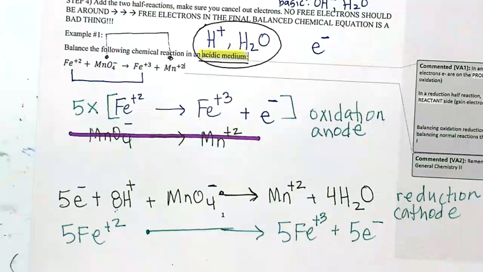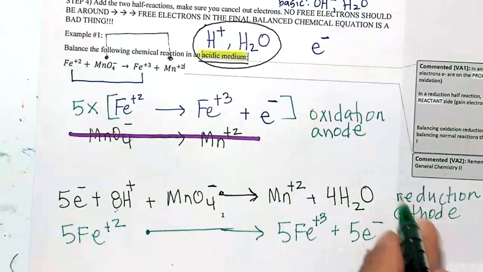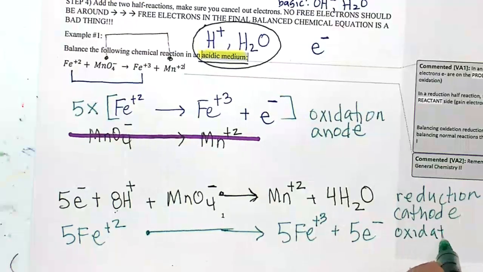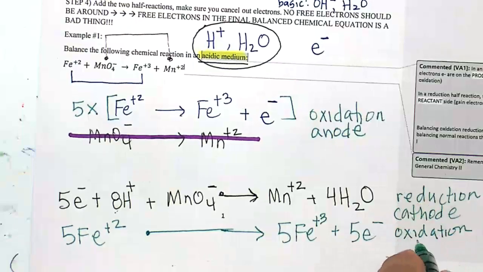Now we'll add up our reduction with our oxidation. Remember, this is oxidation, and this is at the anode.